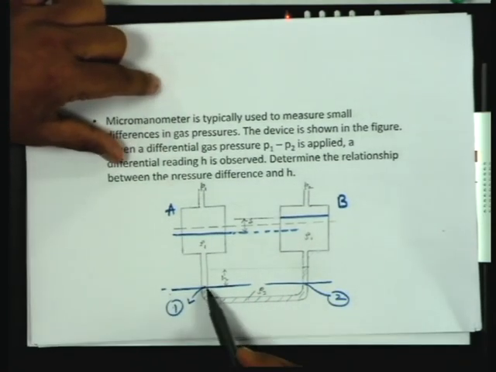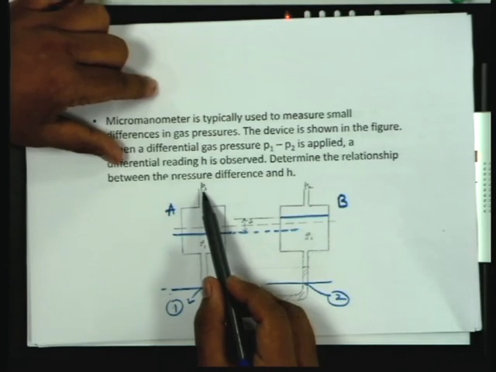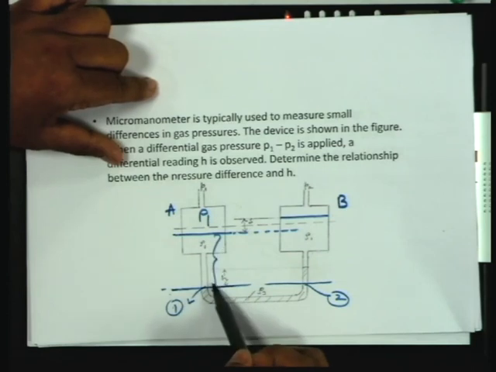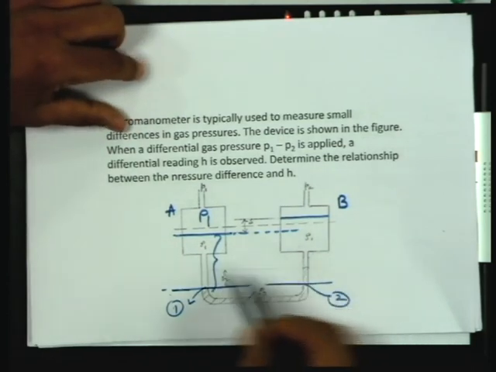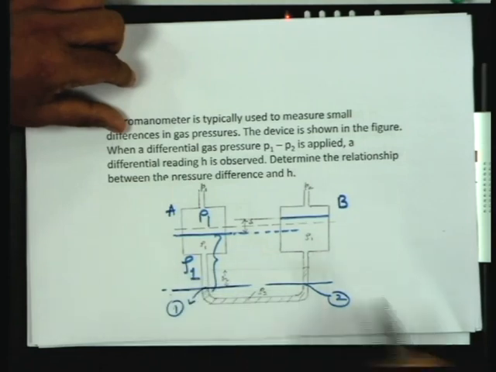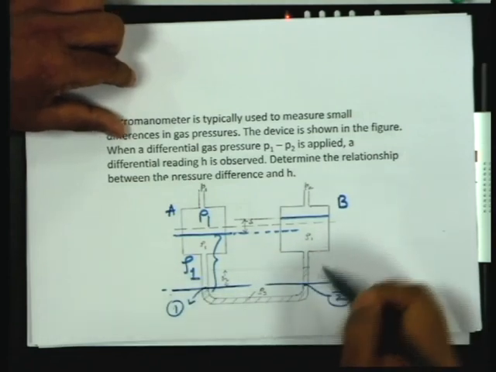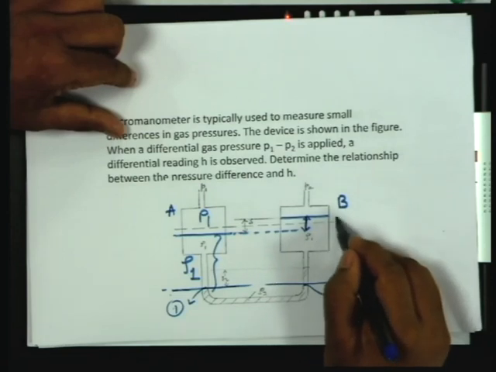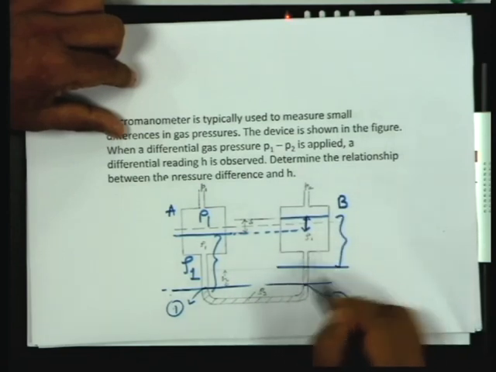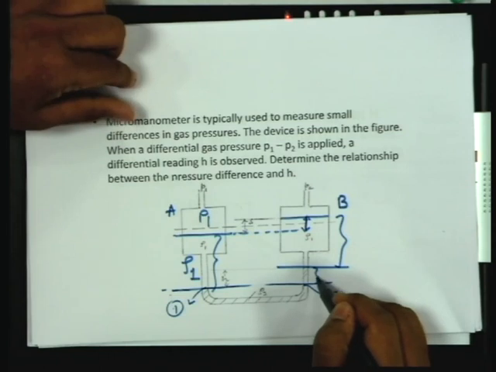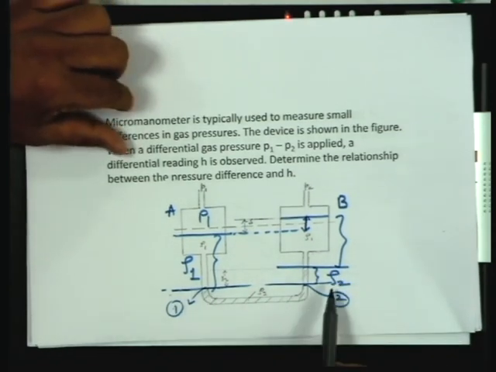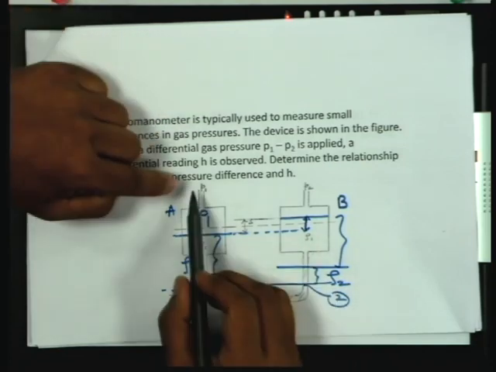The pressure at point 1 is due to the pressure here, which is P1, plus the pressure due to this column of water or liquid 1, which has a density rho 1. The pressure at point 2 is due to this elevated section, this combined section, and this liquid of density rho 2. If you equate these pressures, you will be able to find out P1 minus P2.